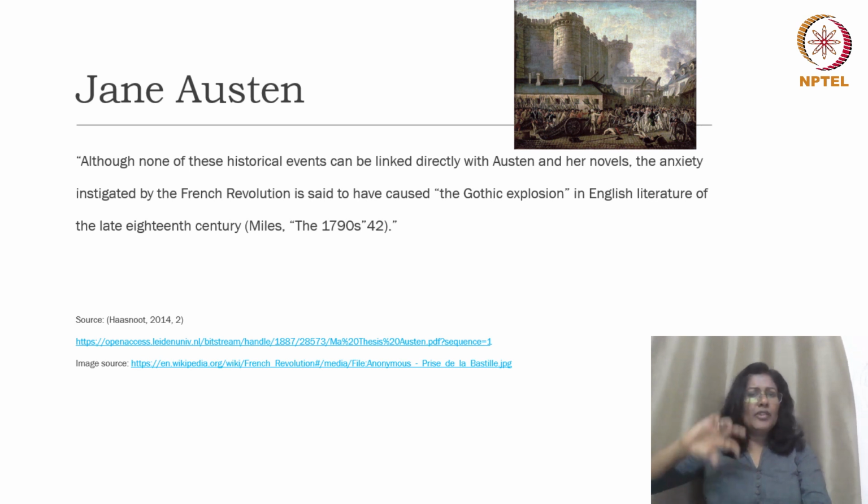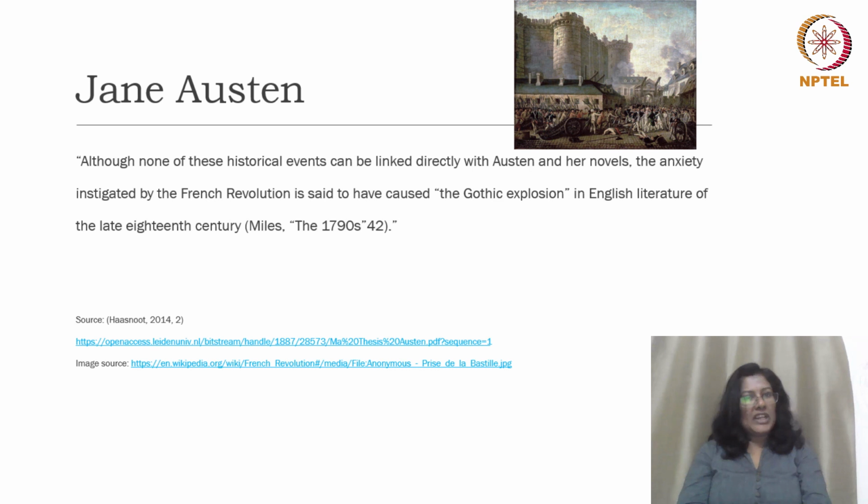So you can see how the fear that the societal structure is going to be radically changed is there, and the direct threat of war and the direct threat of revolution was also brought forth because of the French Revolution.